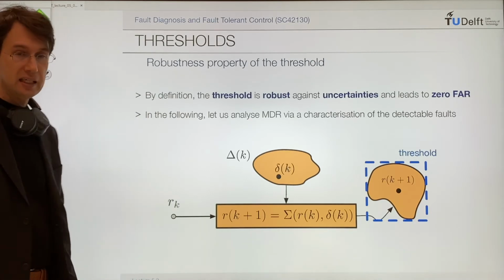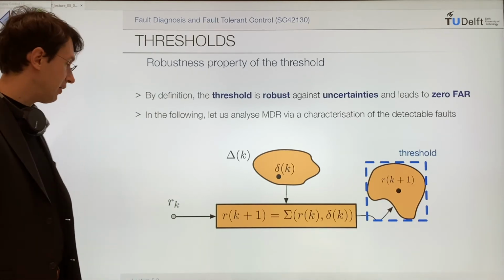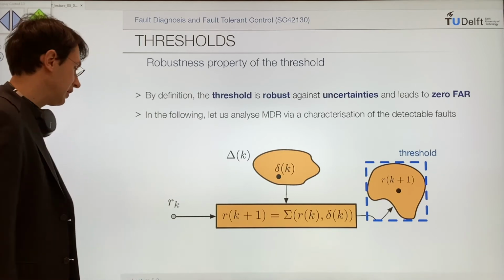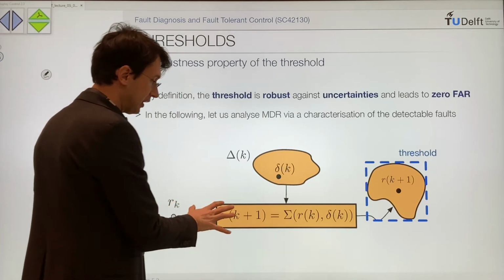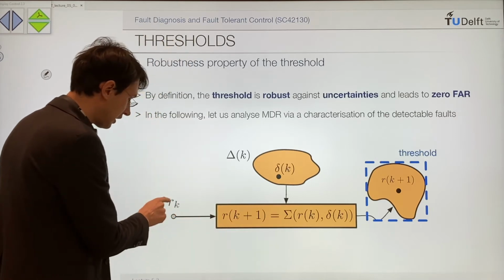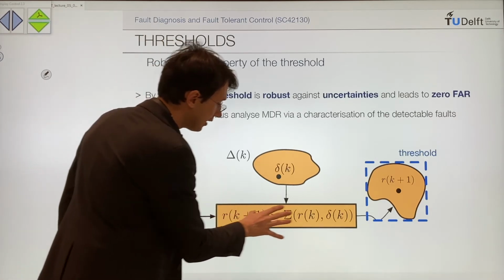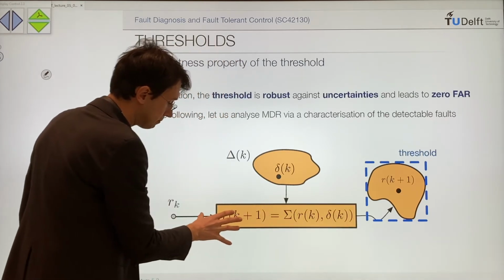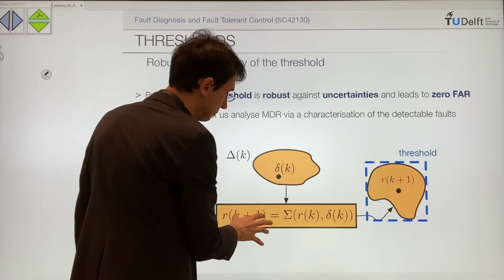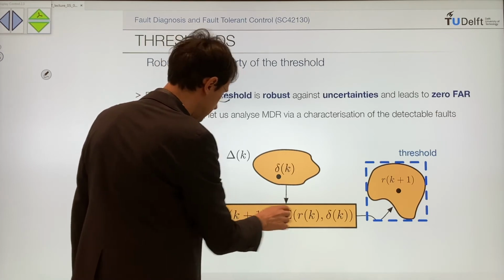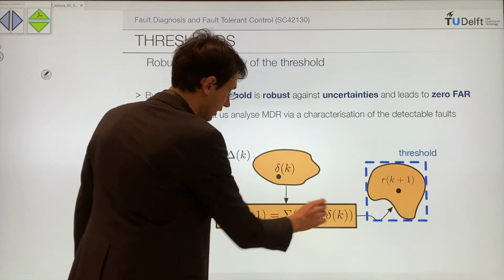And to understand that, we can look at the thing graphically. So the equation for updating the residual can be represented graphically in this way. So you start from a given value of r at a time k, and then you propagate forward this equation. And you have in this equation the residual and the total uncertainty.